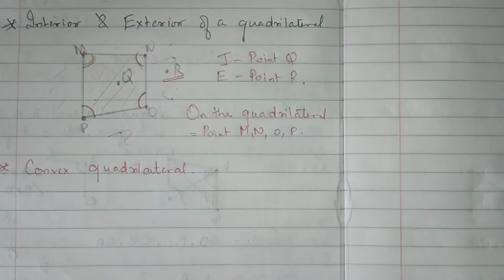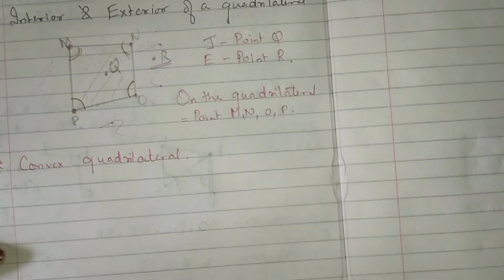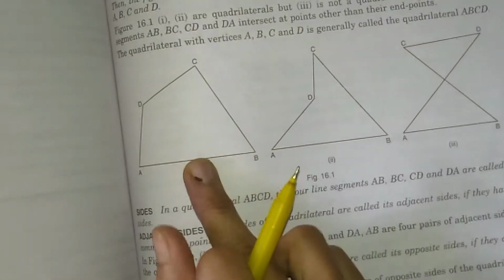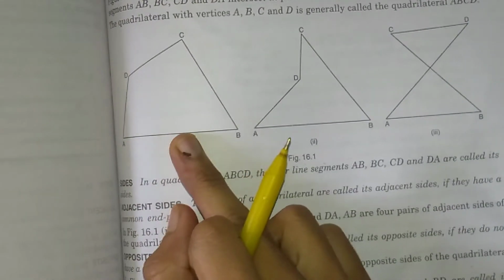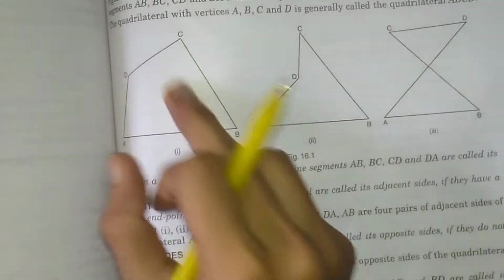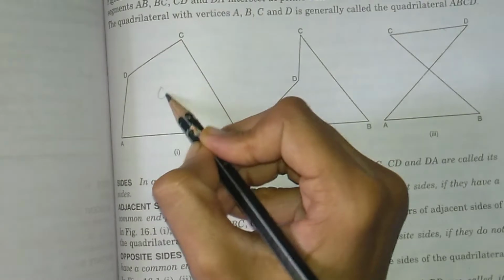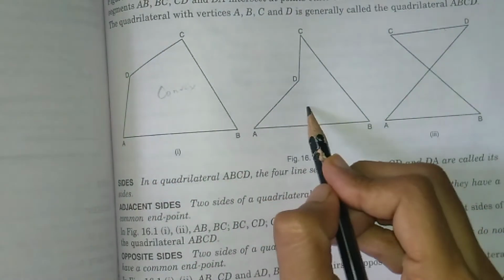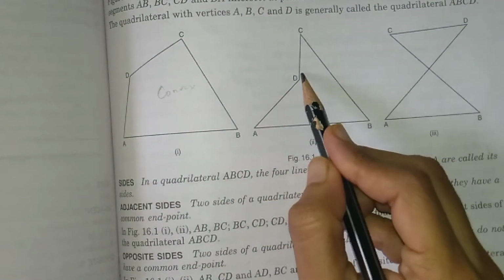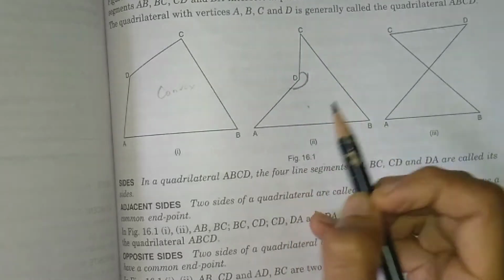And see, in the textbook it is given: this is a convex quadrilateral, because all its angles are less than 180. This is not a convex quadrilateral because this one angle is more than 180.